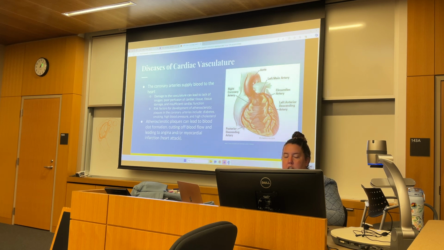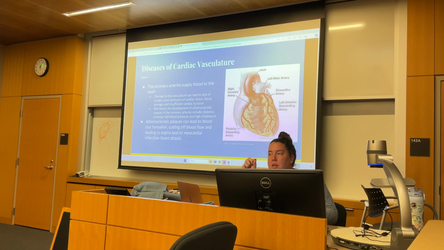So that's the word you can see here. Atherosclerotic plaques are formations of lipids and cholesterol in the vessel lumen. There's a picture of it on the next slide. And these plaques build up and build up and begin to occlude the vessel, limiting blood flow through the vessel. These atherosclerotic plaques tend to have a little bit of a hard capsule on the top of them.